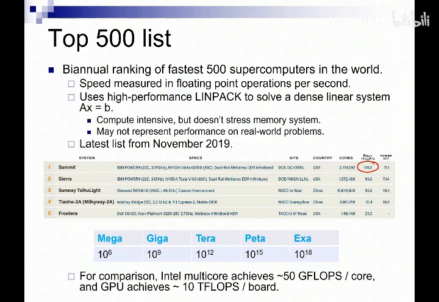And also just to compare these supercomputers with something that you might have at home, for example, an Intel multi-core. The multi-core has of course multiple cores, but each of those cores can do something like maybe 50 gigaflops of performance, if they're fast cores.